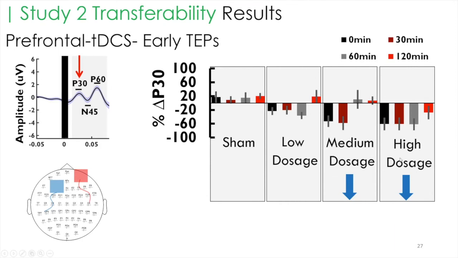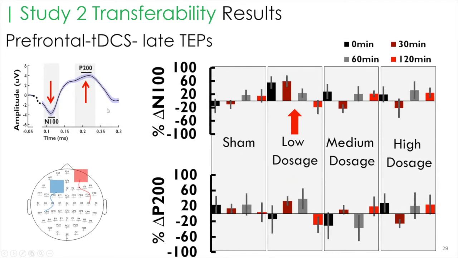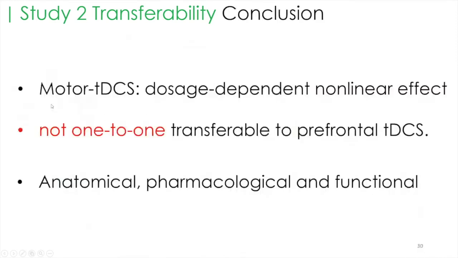For P30, we also saw an almost uniform reduction with all dosages, while again, similar to the motor cortex, we did not see any significant effect on late TEPs, except perhaps for the low dosage tDCS on N100.